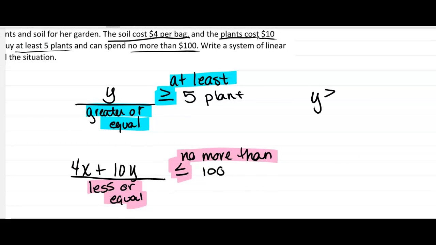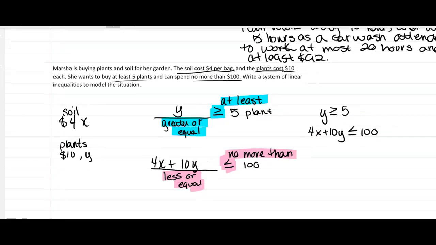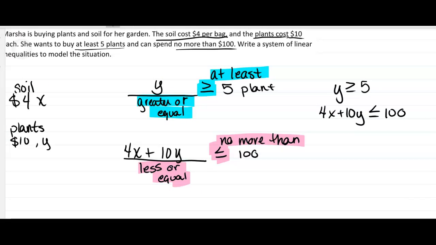We've got y greater than or equal to 5, and 4x plus 10y is less than or equal to 100. Now you might be wondering, why are we not using the x? Well, this statement didn't talk anything about the soil, so we don't need to put the x. All it talked about was specifically plants. We just need at least 5 plants.